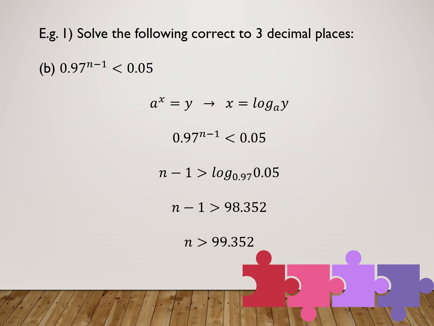But because now we're doing log base 0.97, which is less than 1, that's a negative, which means, because you're actually switching it around, this sign changes from less than to greater than. And so we get log base 0.97 of 0.05. Putting that on your calculator, you get n minus 1 is greater than 98.352. So n is greater than, because you add the 1, 99.352.